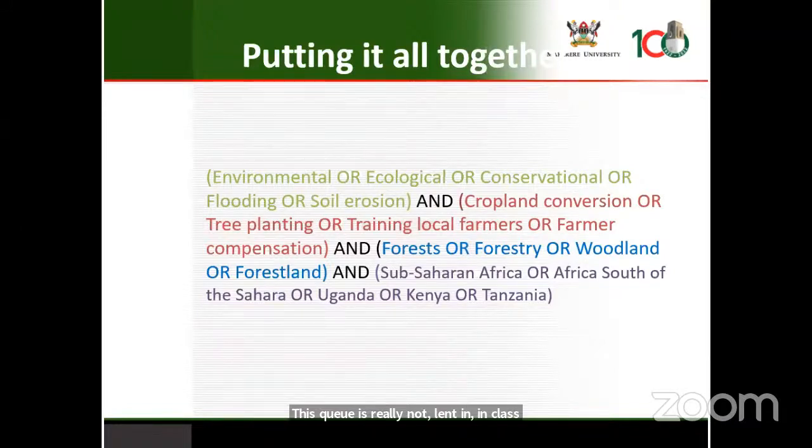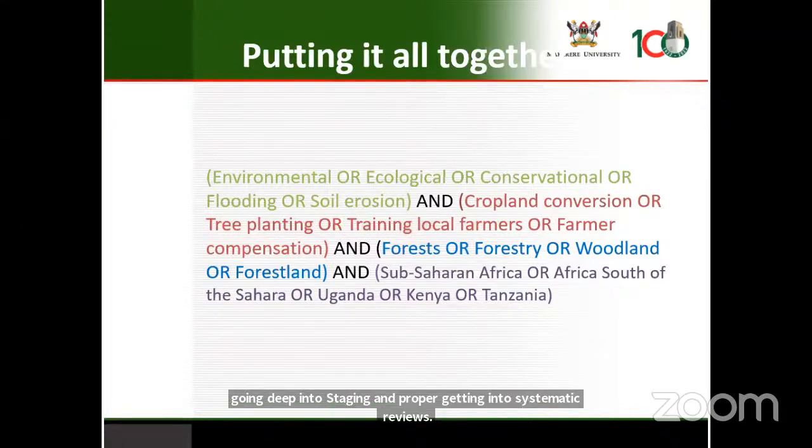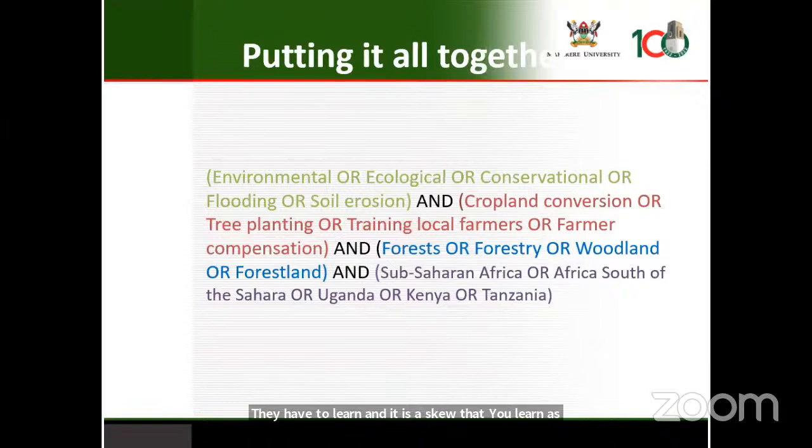We librarians learn about Boolean operators and how to search, but going deep into proper searching for systematic reviews, they have to learn, and it is a skill that you learn as you go. But for now, I can say most librarians are coming up and they are able to assist in systematic reviews and in conducting proper searching and search strategy.